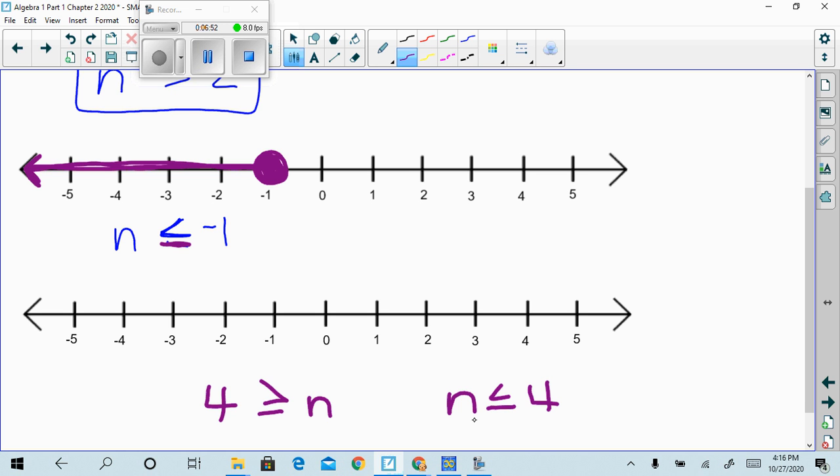We have to write our variable first, so that tells us where to place our circle and what direction to shade in. If I were to leave it the original way, I might shade in the wrong direction if I wasn't paying attention. So again, always write your variable first.